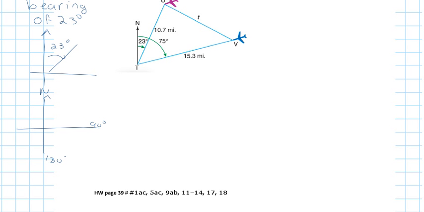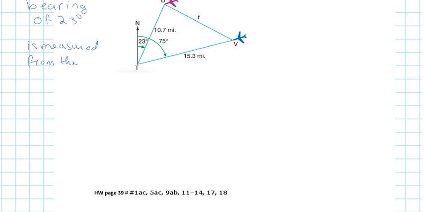A bearing of 100 means my line is going to be here, and then 100 degrees is this measurement. Sorry that this is not so aligned properly. I don't know why this is doing this. So, a bearing measurement is measured from the north, clockwise.